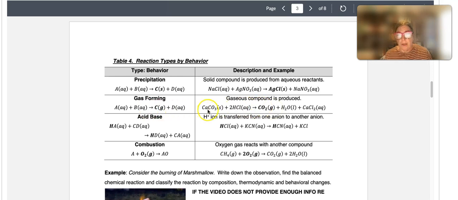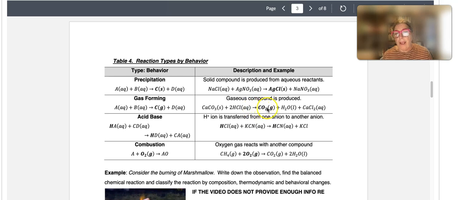So in this particular reaction, for example, and when you balance your equations, always put the phase indicators. Calcium carbonate was a solid. It was dropped into HCl, hydrochloric acid, which was aqueous. In other words, it was a water solution of hydrochloric acid. So when calcium carbonate is dropped into HCl, what happens?